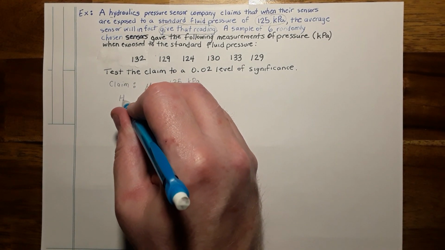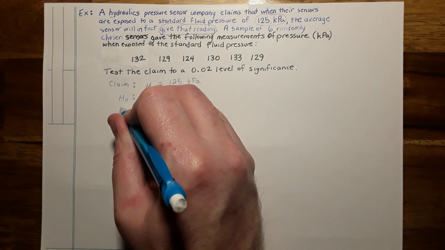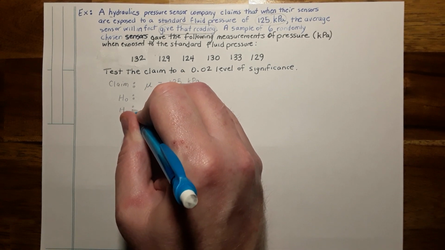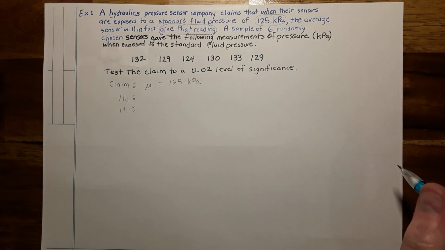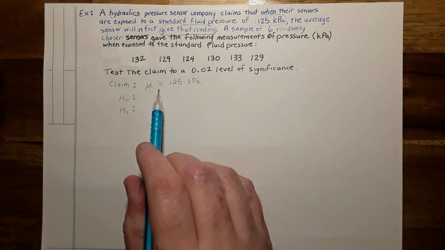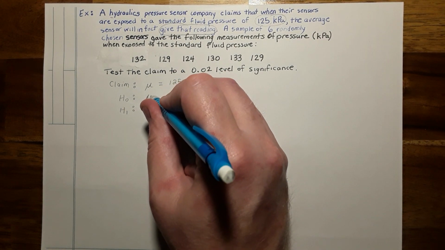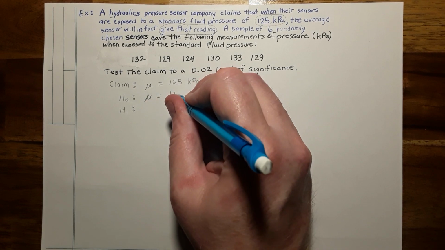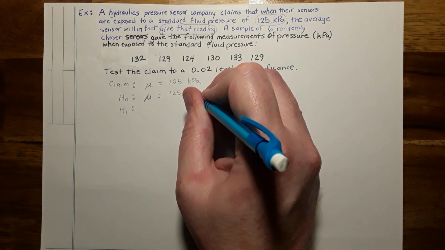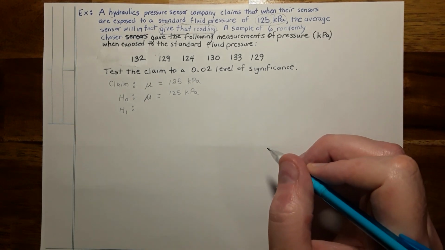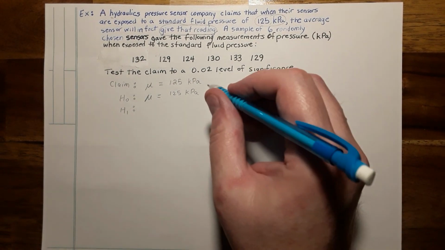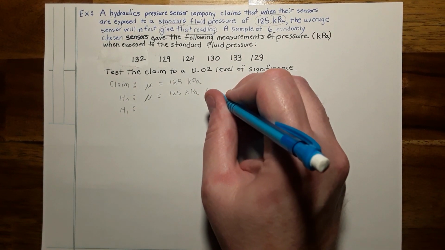Step 2, we need to determine whether this is the null or the alternative hypothesis. The original claim does contain an equality. Therefore, that becomes the null hypothesis. This is what we're going to test, whether the mean is equal to 125 kilopascals.